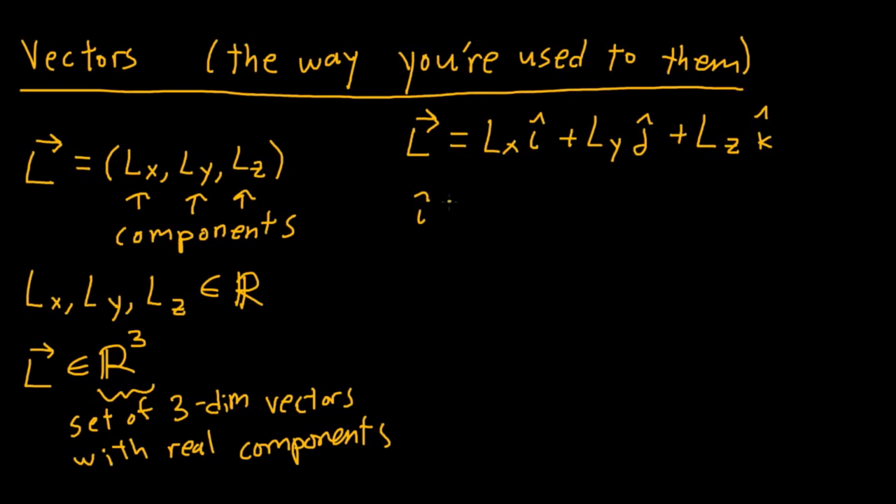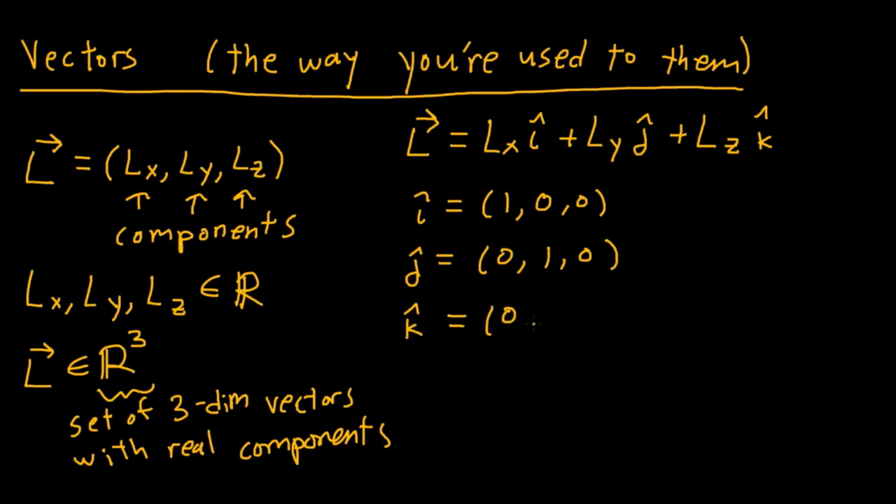Now i hat is just the vector which is 1, 0, 0. j hat is the vector which is 0, 1, 0. And k hat is the vector which is 0, 0, 1. And these three vectors, i hat, j hat, and k hat, are all basis vectors.